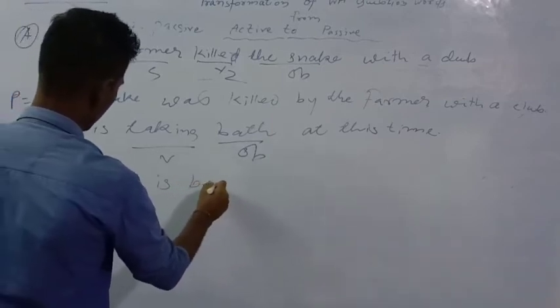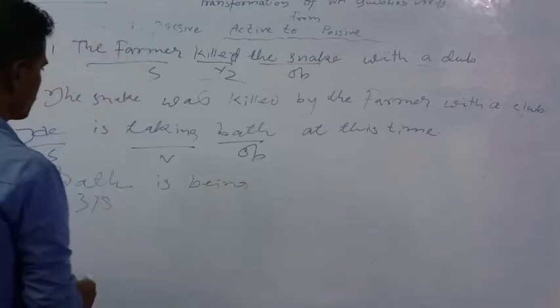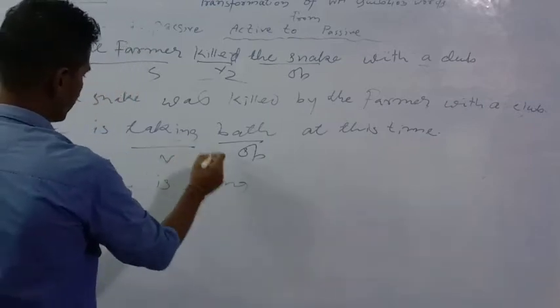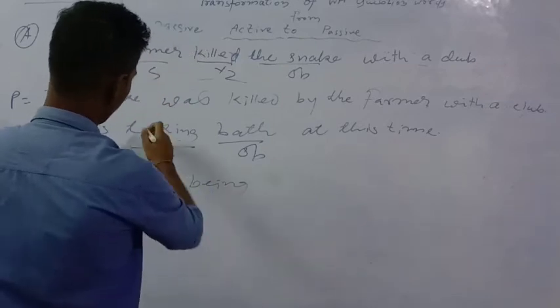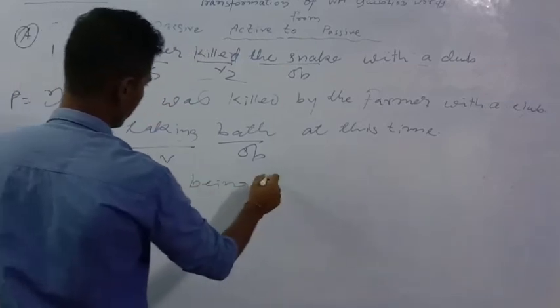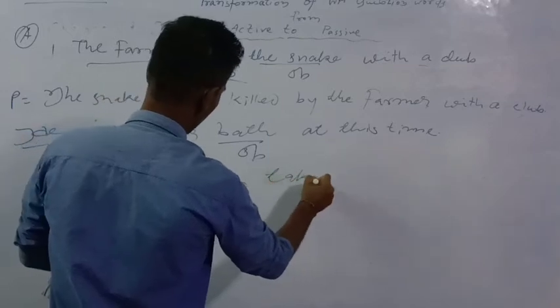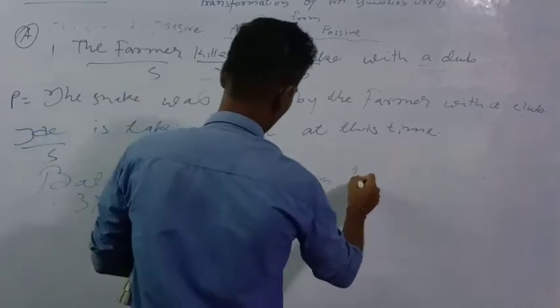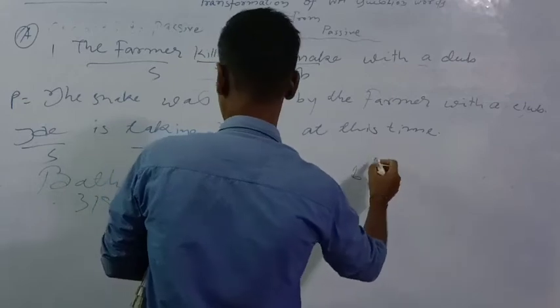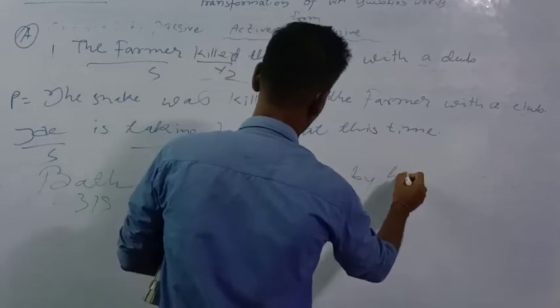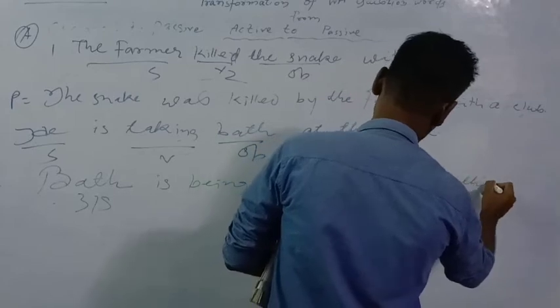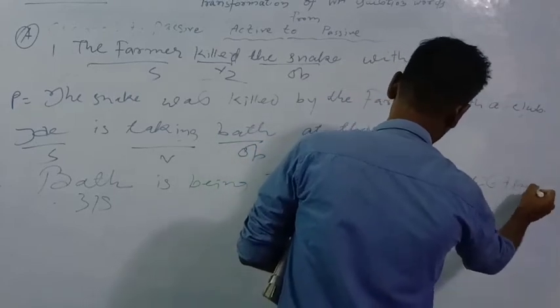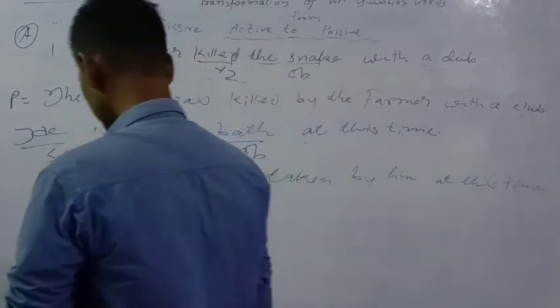Bat is being. For ing we write being. Then take, third form is taken, bat is being taken by him at this time.